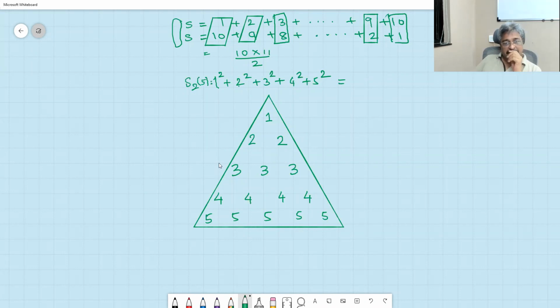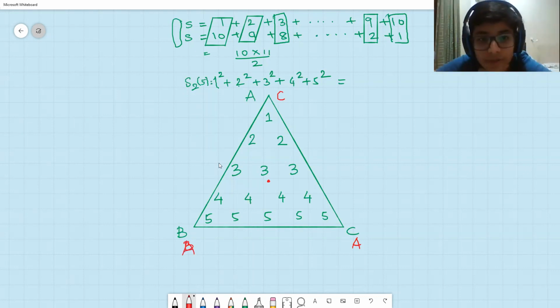Now listen to what the gentleman has done. Now suppose this is triangle ABC. Now deliberately I rotate the entire triangle around the centroid by 60 degrees, therefore I get C, B, A. CAB, okay?